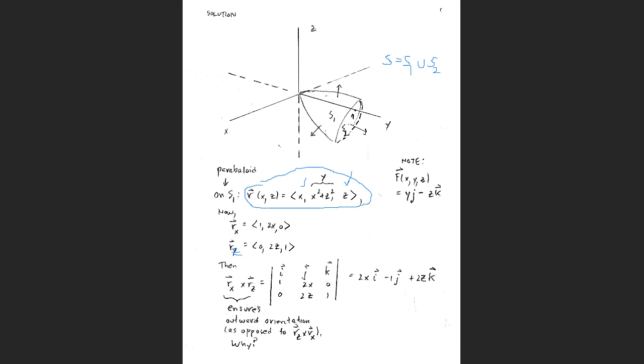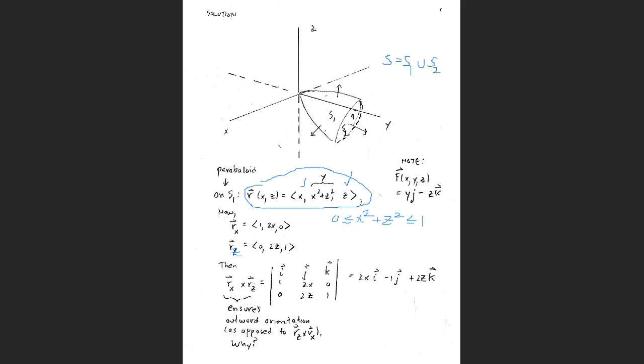What are the constraints on the values of x and z? The constraints are that x squared plus z squared would always be between 0 and 1.